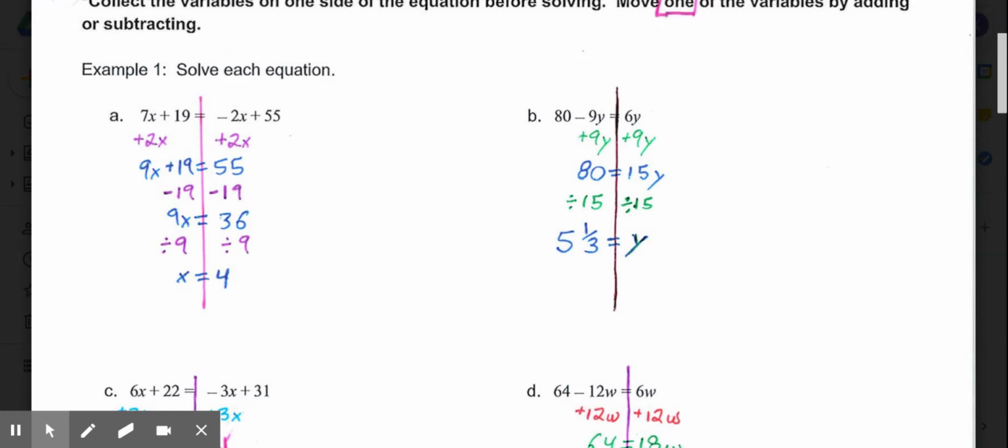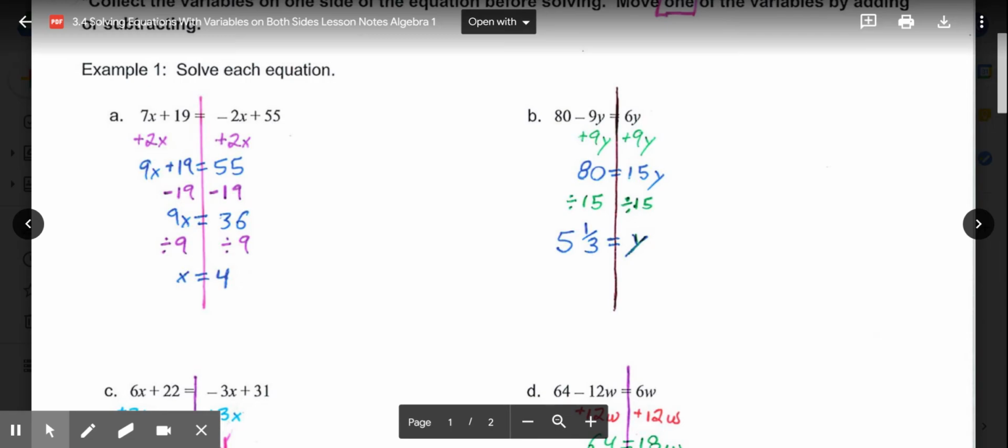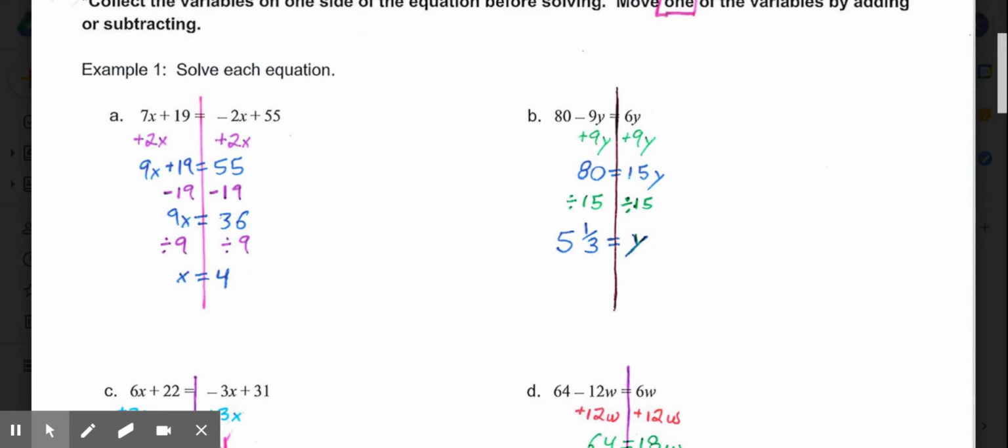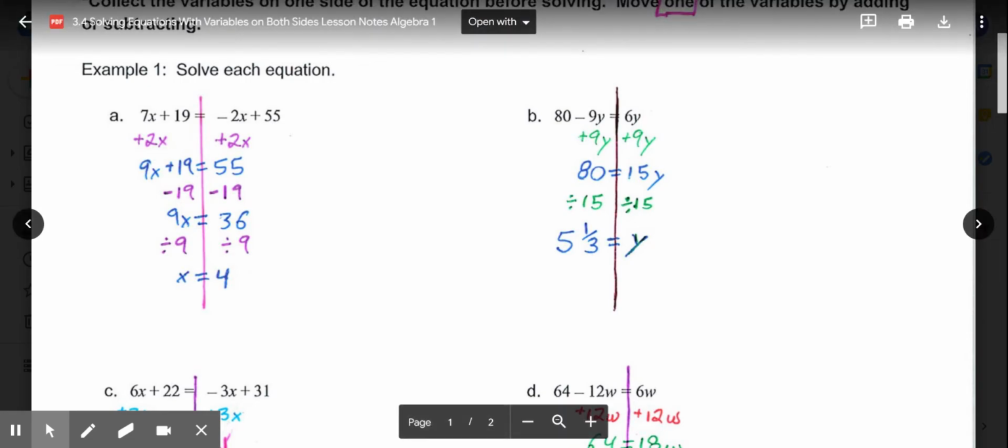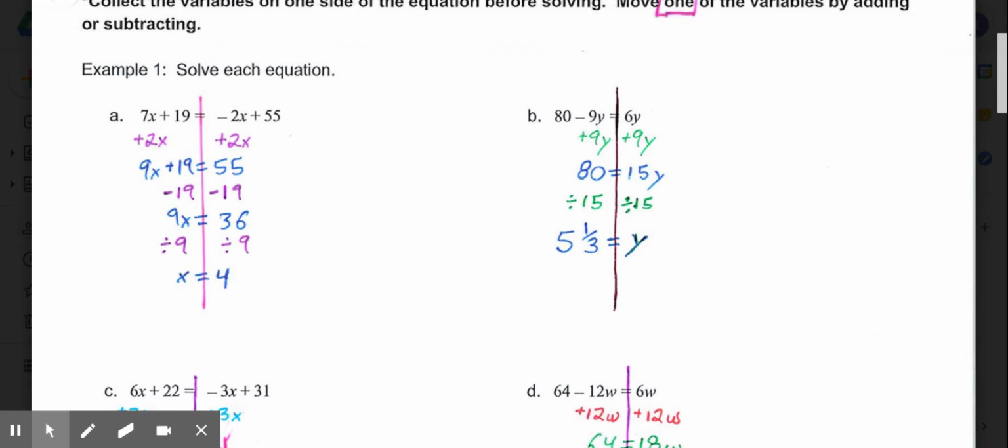So after you get the variable to one side, you're doing what we've done for the last 3 lessons, using inverse operations to isolate the variable. In B, we have 80 minus 9y equals 6y. In this case, I want to undo the subtraction of 9y by adding 9y to each side.